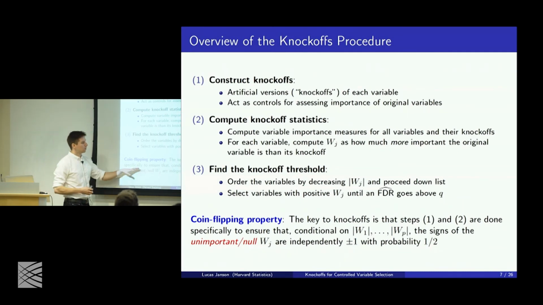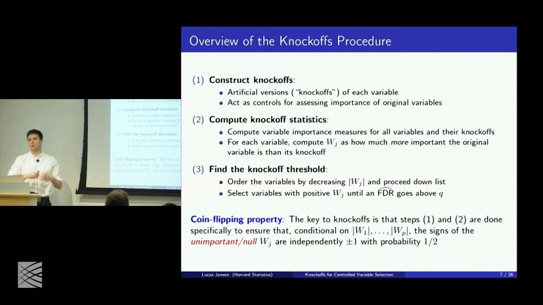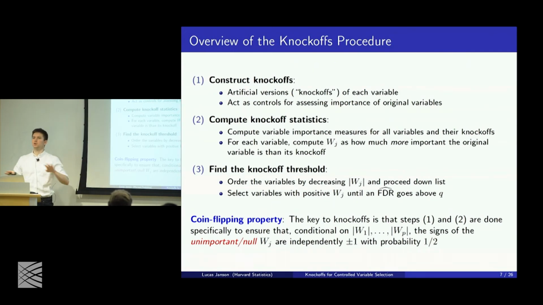And so what we want is that the null WJs, right? We could think of this almost like a p-value. It's not a p-value, but what do we know about a p-value? A p-value is defined as having, under the null, a certain distribution, which we know, right? That's what makes a p-value useful: we know its distribution under the null, and then it usually has some other distribution under the alternative, but we don't know what it is. That's OK.